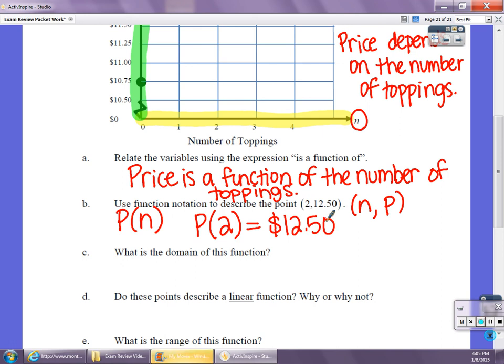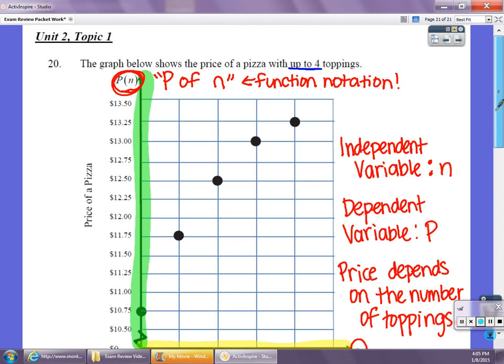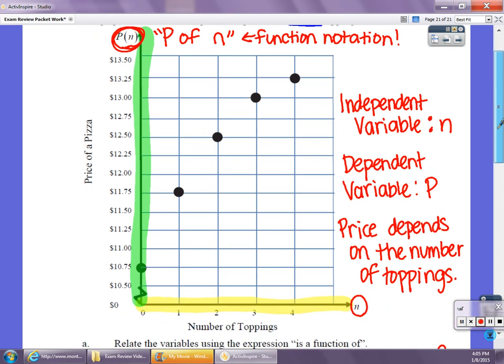Okay, the domain of the function is going to be our independent variable, which we already figured out, our input variable, n. So the domain is n, but we want to describe that numerically. I'm going to do this two ways. The first thing I want to do is just write it out in words. What are our possible choices? Well, we know that we can have up to 4 toppings.